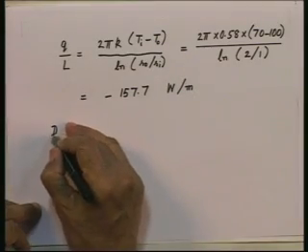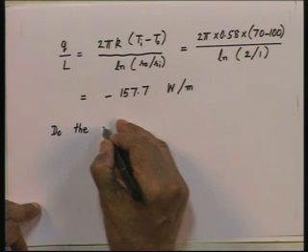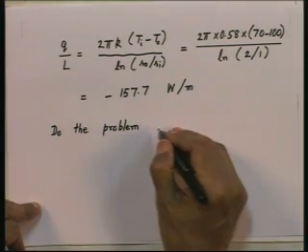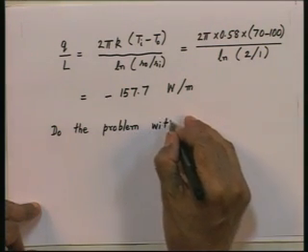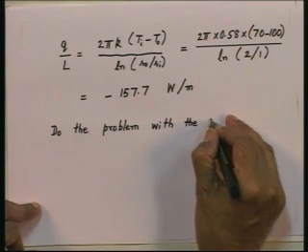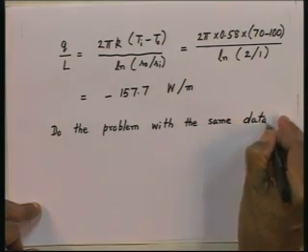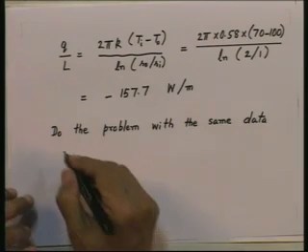Okay. So, now we have expressions for two one dimensional situations, a slab and a cylinder. What I would like you to do on your own is the following. I would like you to do the problem that I just solved, with the same data, for a hollow sphere.